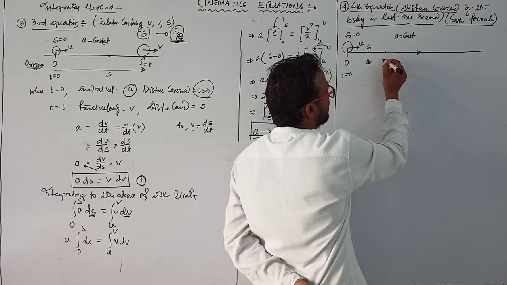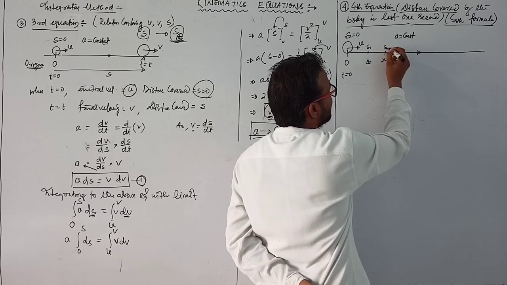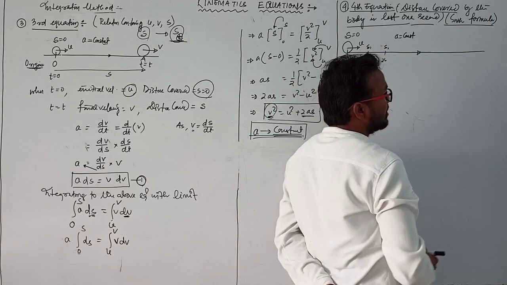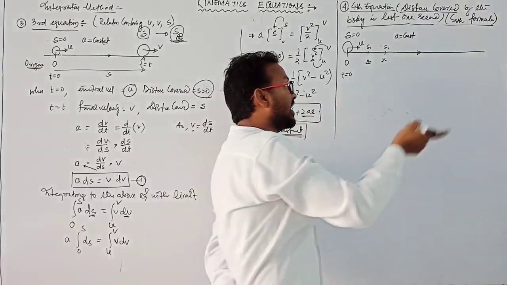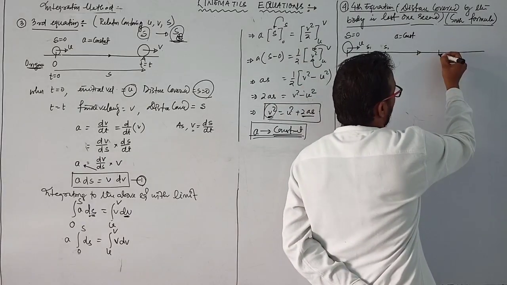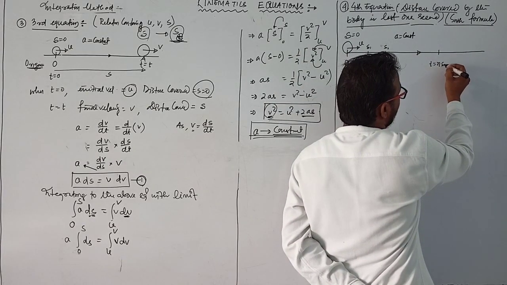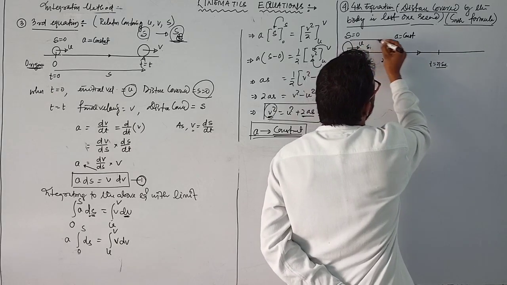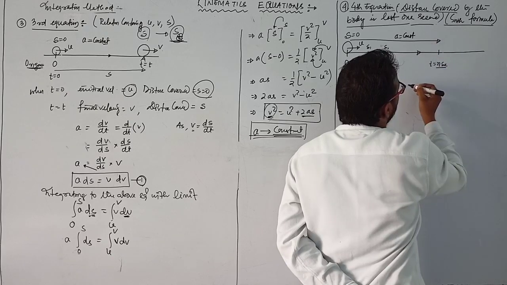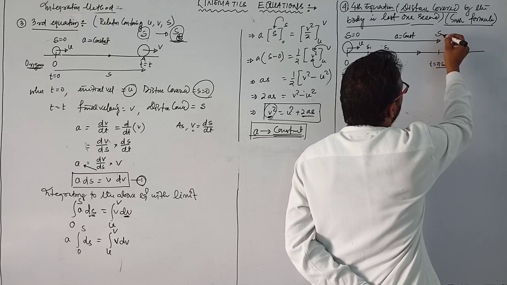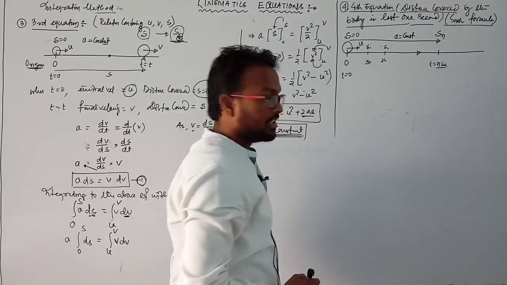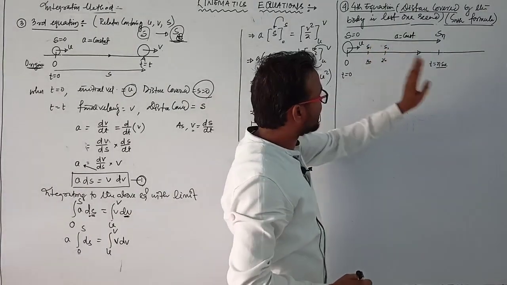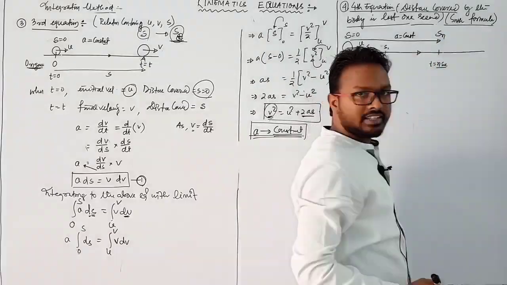After 2 seconds, it covers distance s2, and 3 seconds, like this. But after n seconds, when time t equals n seconds, how much distance does it cover? It covers this total distance from the initial point to this point, and this distance is known as Sn. Clear? Means 1 second, s1 distance; 2 seconds, s2 distance; n seconds, Sn distance.